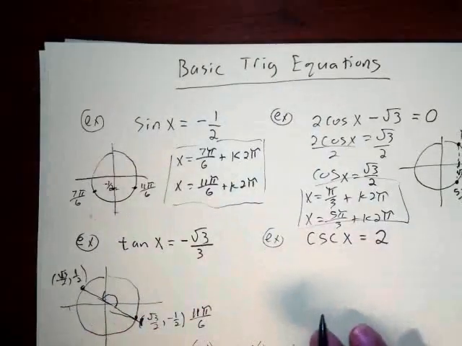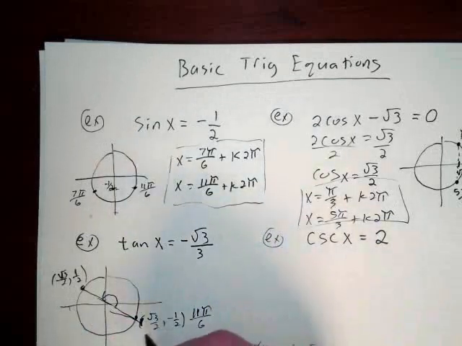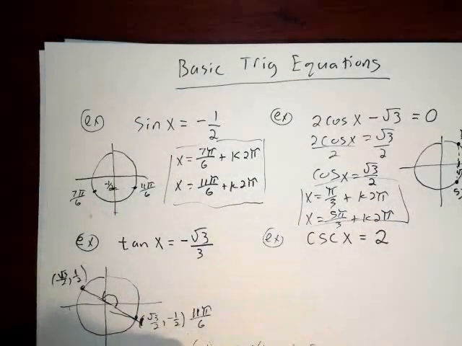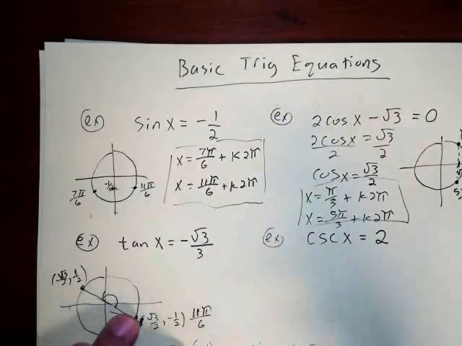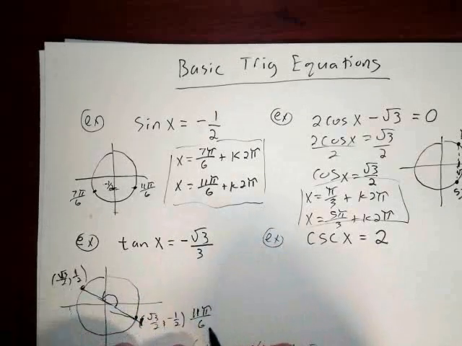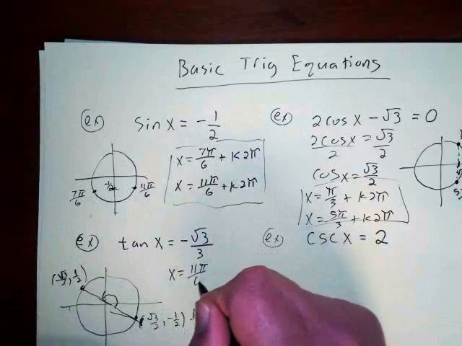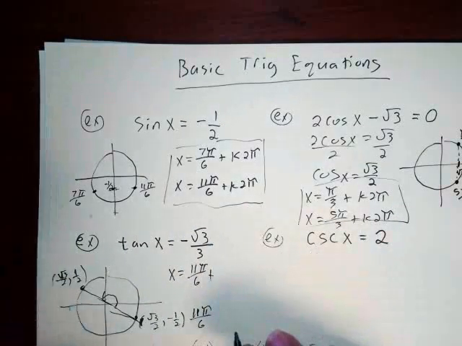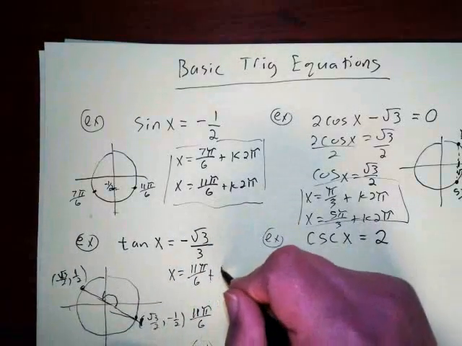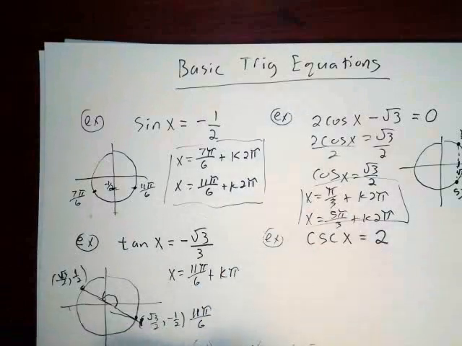Okay? So what I can do is just find the one solution, kind of closest to 0 here, 11 pi over 6. And then I can add all the multiples of pi, because the period is pi.